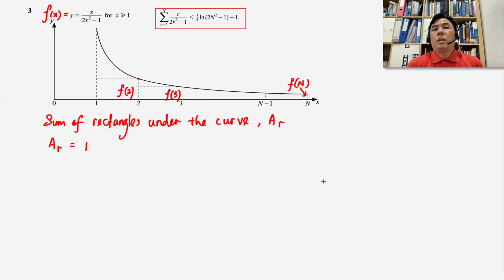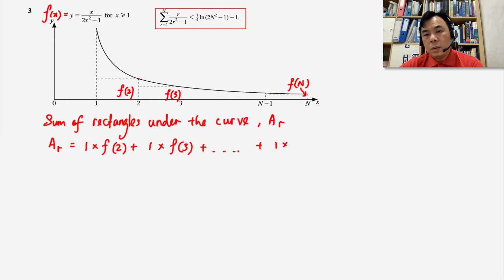Now I hope that is clear. And then we're going to use this notation here to represent the area of the rectangles under the curve. Now that will be 1, the width is 1, multiplied by the height. Then the second one, the width is the same, multiplied by f3, and so on and so forth until we reach the last one here, the nth rectangle. Okay, and then there you have it.